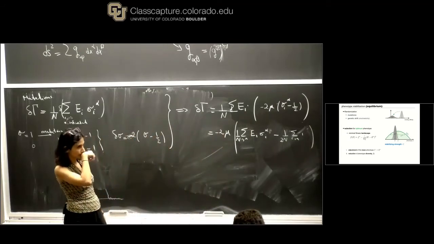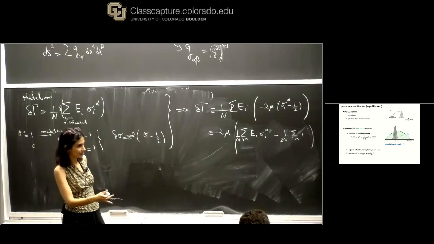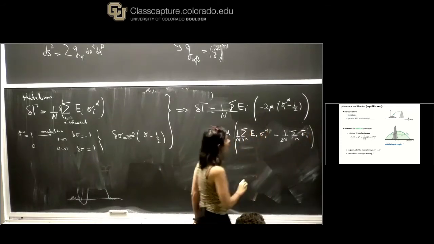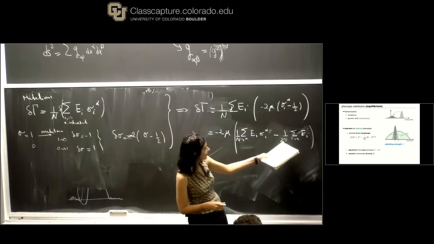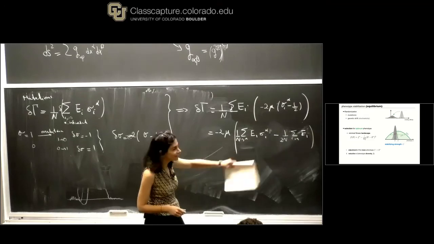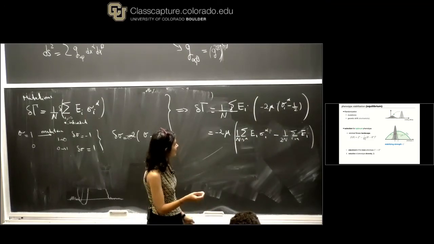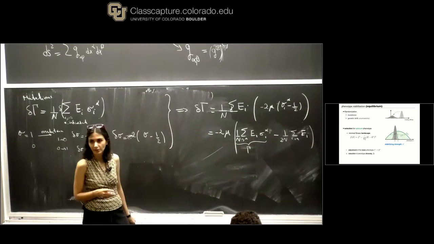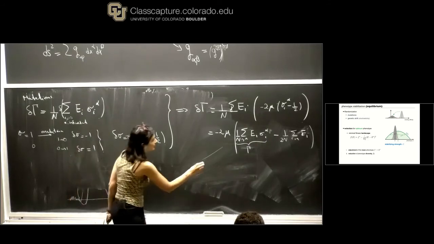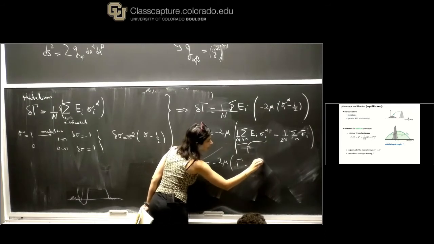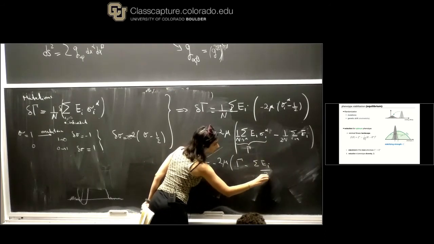What's the sum over? Sum over all the positions and the individuals, right? This sum basically cancels out the N when you sum over alpha, which are all the individuals, because there's no alpha term here. So basically that gives you the sum over E_i, and this is just our gamma that we start with, right? So this is basically minus 2 mu times gamma minus the sum of E_i over 2.